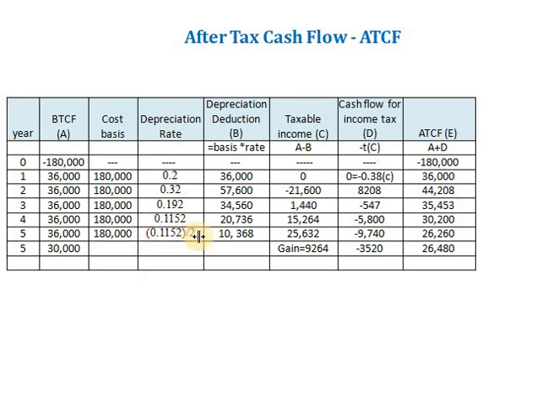The rate at year of disposal divided by 2. And here, instead of the market value, instead of 30, you will have to calculate the gain, apply the tax on the gain, and get its value with respect to the after-tax cash flow. You will get the new after-tax cash flow.